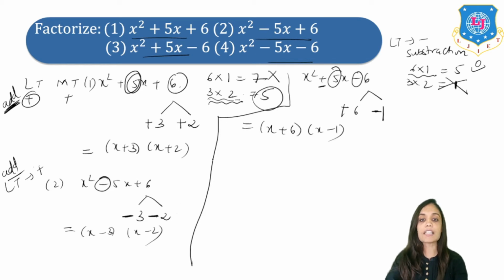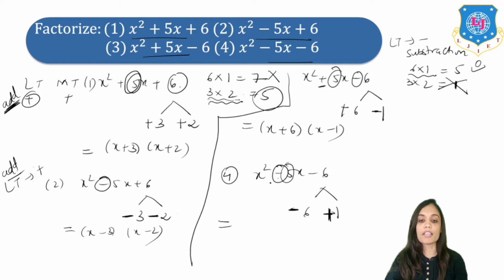Right? And lastly, that is our fourth sum: x square minus 5x minus 6. Again, I want my answer as 5 on subtraction. So again, the factors will be the same, 6 and 1. Only we have a minor change in the sign due to the middle term sign, which is minus. So the minus sign will be given to the greater factor, and here I will give the plus sign.